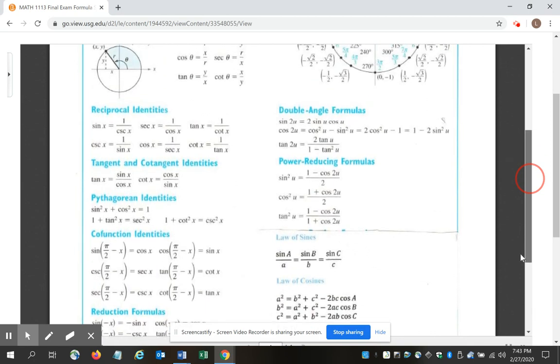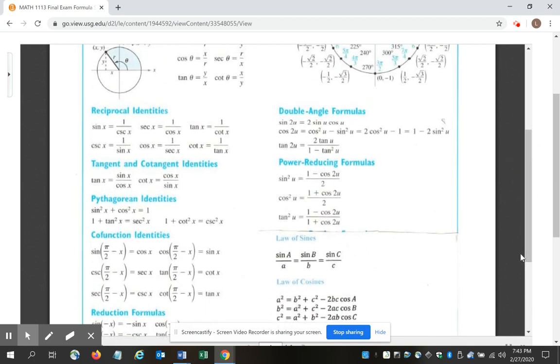They're all summarized on one page. So if you haven't already printed off this formula sheet, I would strongly encourage you to do so prior to the final exam.